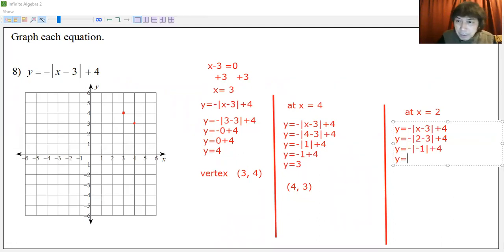And we will still get negative 1 plus 4, and this results to 3, a positive 3. And so our third and final point will be 2, 3. And this will be located in the first quadrant also. And where is 2, 3? 2, 3 is somewhere here, there.